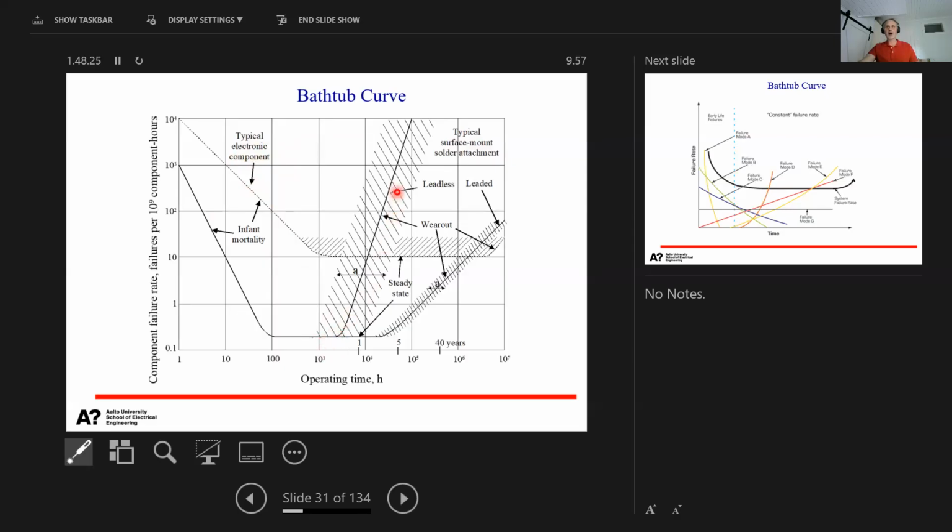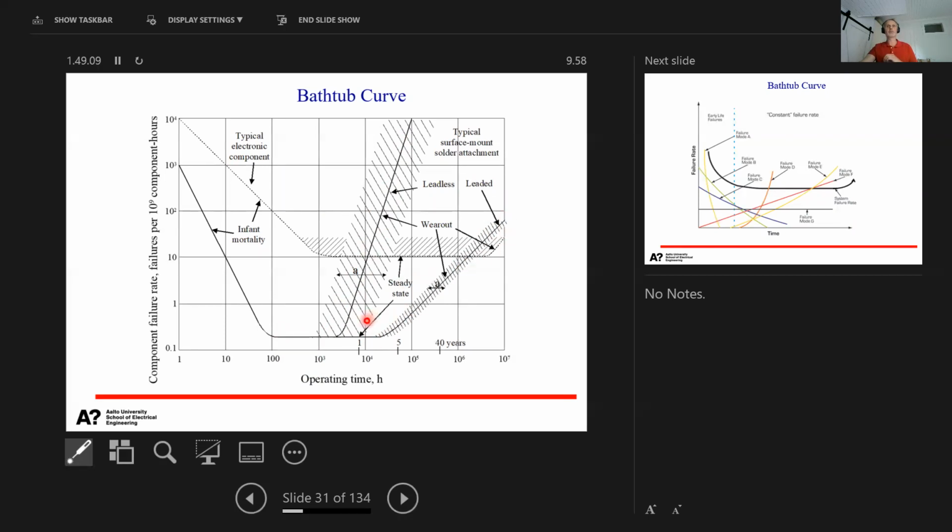Then the wear out part is typically dominated by the solder interconnections, because they are getting old, as was described earlier. When you use them, the microstructure is evolving, and they become more sensitive to mechanical loads. Depending on the structure, these two curves show a component with leads and a leadless component. If it is leadless, the stresses are higher and it starts to wear out earlier than if the component has leads.